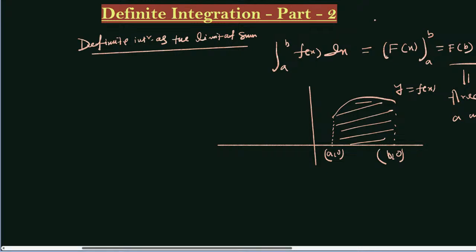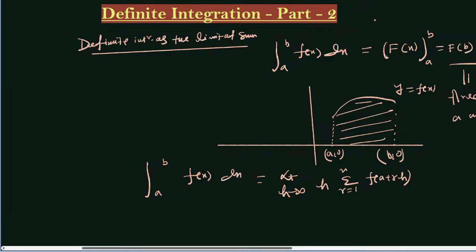But this area you have calculated based on this concept, that the integral from a to b of f(x) dx is the limit of a sum: limit h tending to 0 of h times sigma r equal to 1 to n of f(a plus rh), and you know that nh equals b minus a.